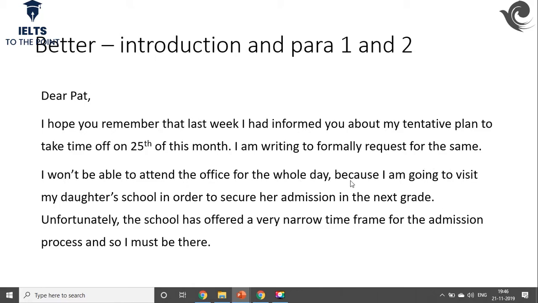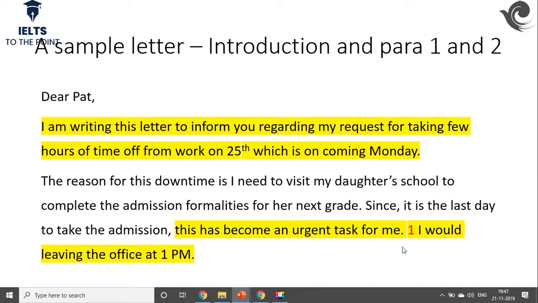I have written, I won't be able to attend the office for the whole day first, because this explains the duration of the leave and it gives the reason to the examiner why you are not coming to office on that particular day. Second thing is, if you write you're going to take half day or something like that, my suggestion is you mention it very clearly.